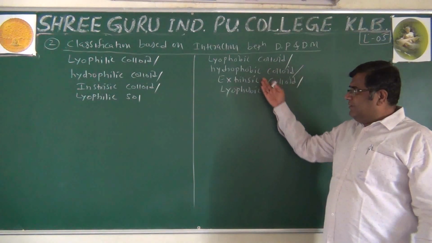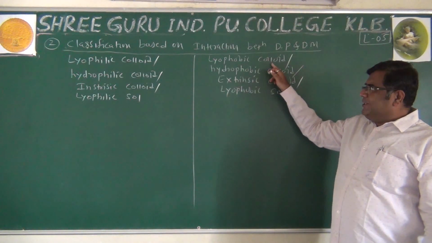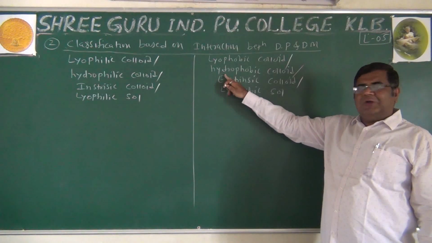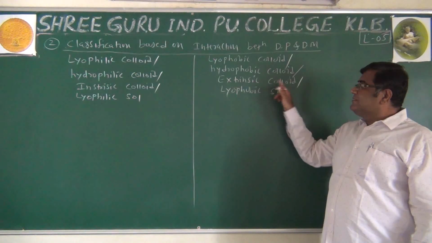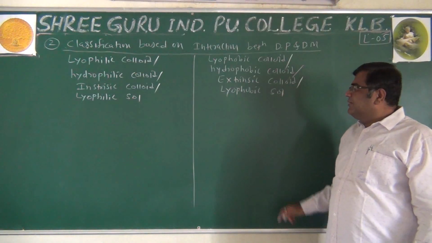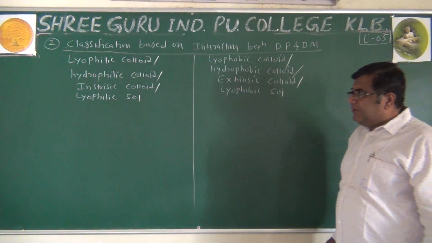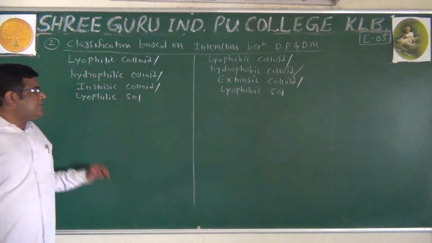Different names are given here. Lyophobic colloid: this lyo word is replaced by hydro, aqua, water. Hydrophobic colloid, extrinsic colloid, and lyophobic sol also. Now we will see the properties of these colloids.